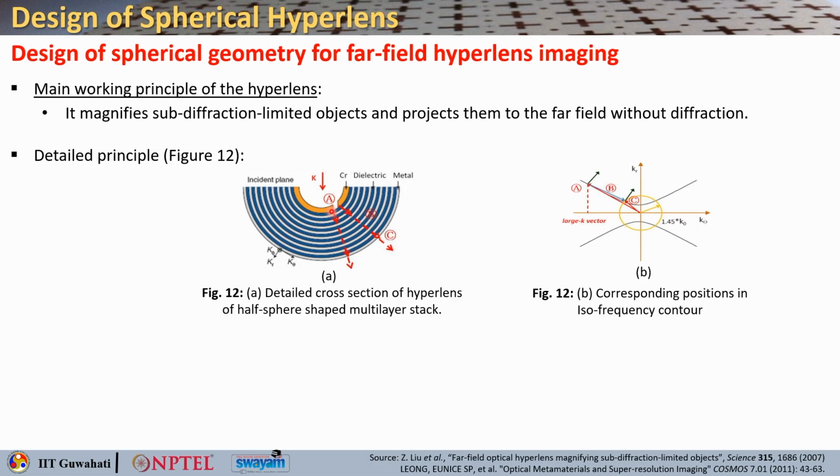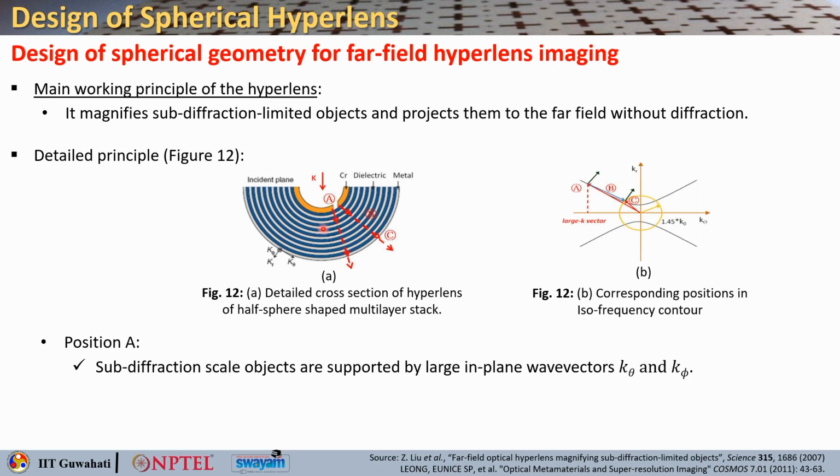The transverse magnetic component of the unpolarized light relative to the plane is labeled as k, that you see here. So, what happens in position A? It is a sub-diffraction scale object supported by large in-plane wave vectors k theta and k phi. So, you have this one large k vector, and this is the corresponding position in the isofrequency contour.